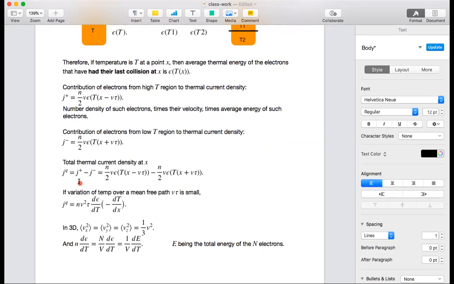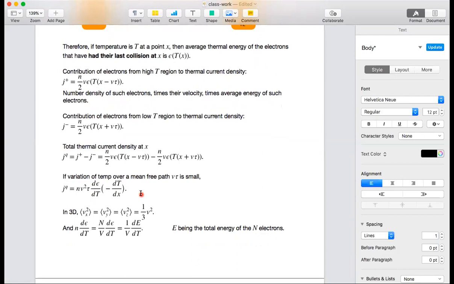So you write these two expressions and expand epsilon(T(x - v tau)) around the point x. You'll get some d epsilon/dx, which you write as d epsilon/dT times dT/dx. This is a trivial bit of algebra which I think you can easily figure out.